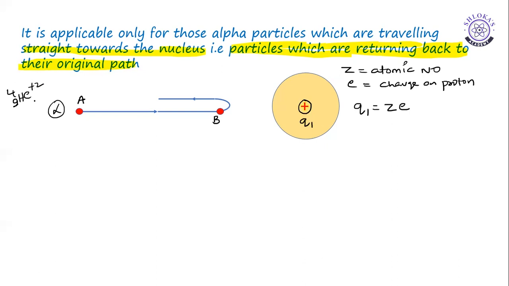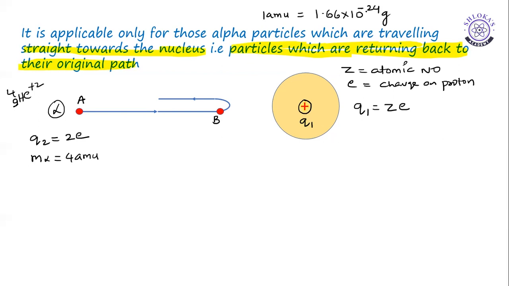This alpha particle is projected towards the nucleus from an infinite distance. At point A, let the charge on the alpha particle be Q2, which is equal to 2e. This is also a positive charge. The mass of the alpha particle is 4 AMU, and 1 AMU is equal to 1.66 into 10 to the power of minus 24 grams.